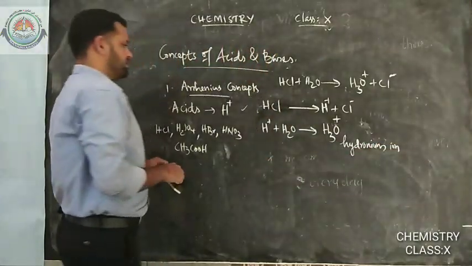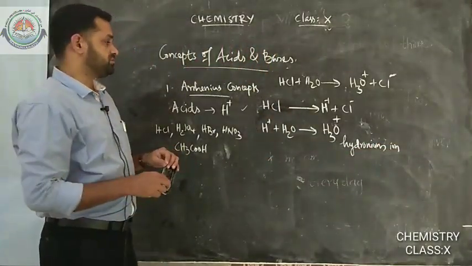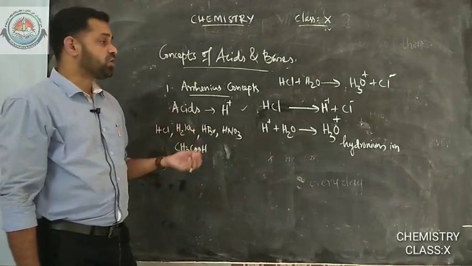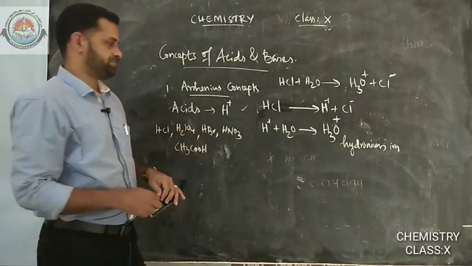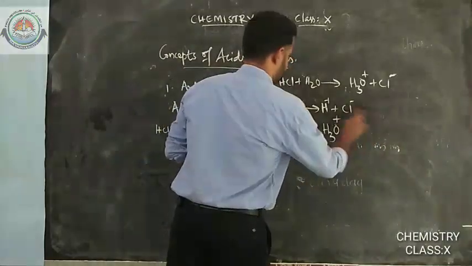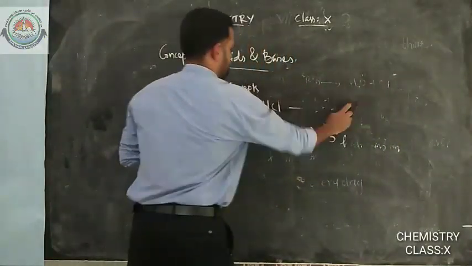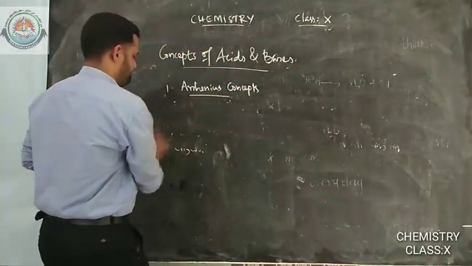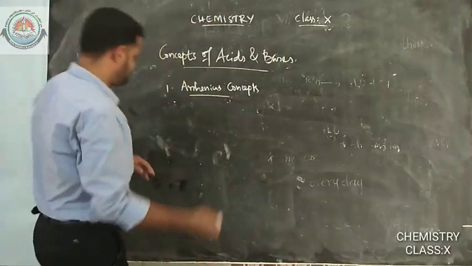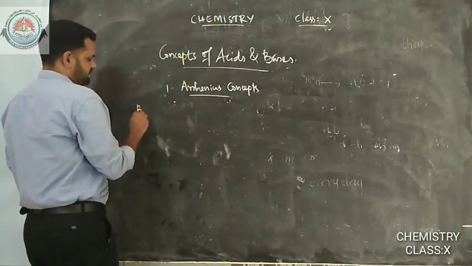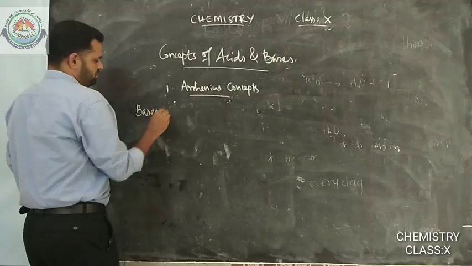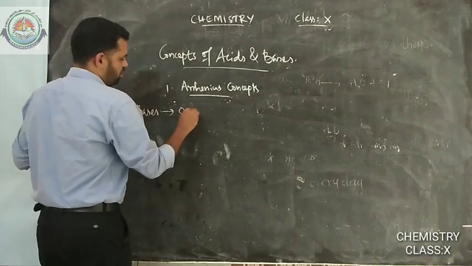According to Arrhenius, bases are the substances which give hydroxyl ions in aqueous solution. So, bases are the substances which give OH minus ion.